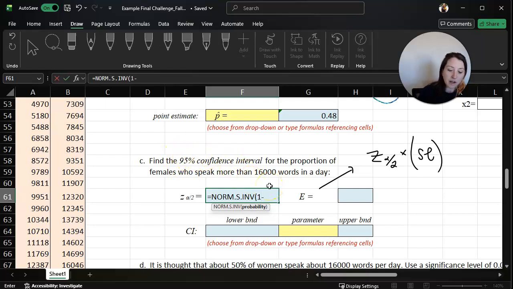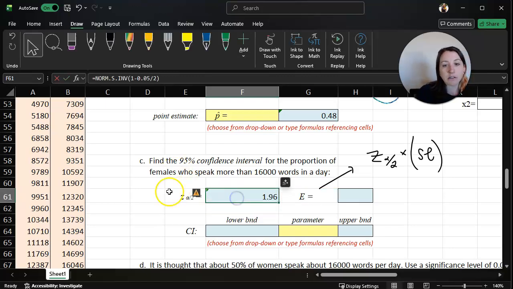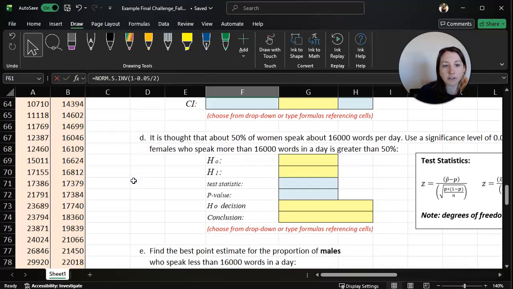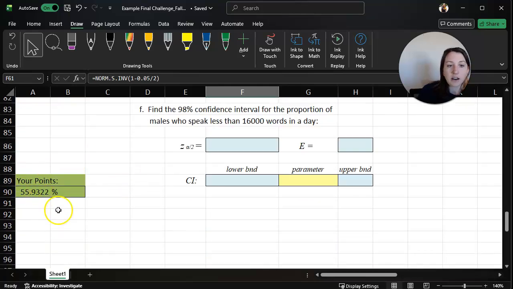And so we type 1 minus 0.05 over 2. So again, you're taking the leftovers of the confidence interval and then dividing that into the tails. And that's why we're dividing it by 2. Okay, so this should be our critical value, or our Z alpha over 2. And that is correct.